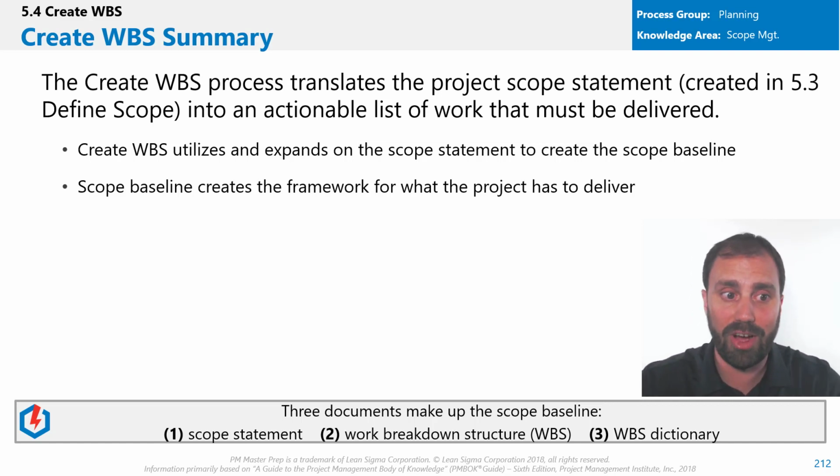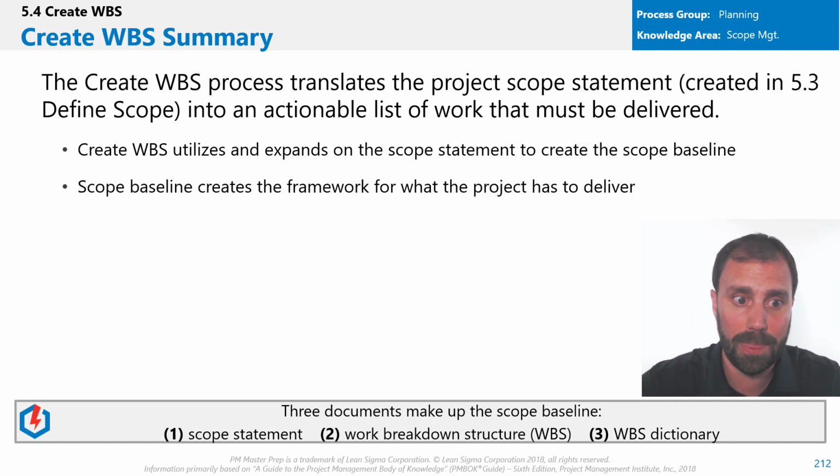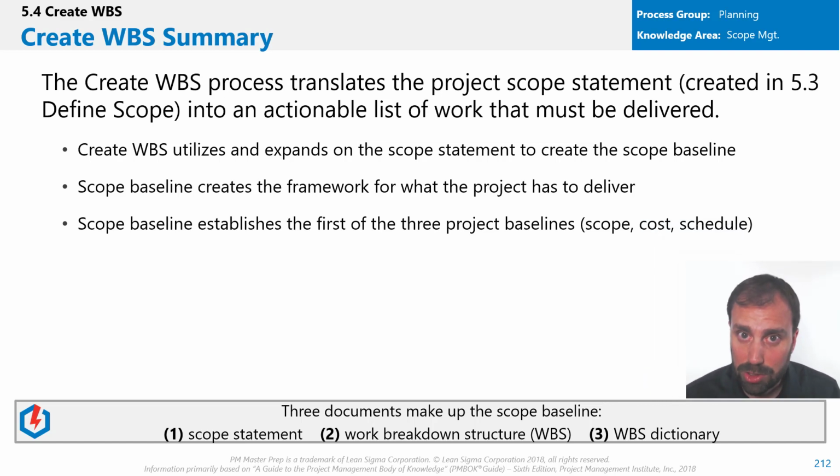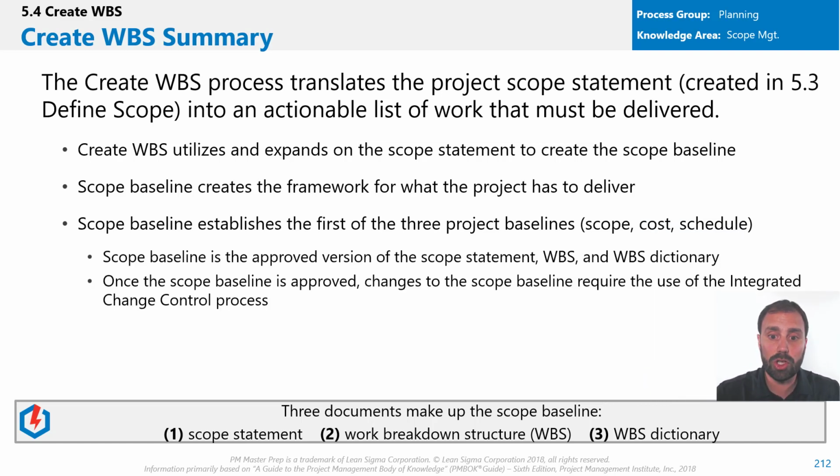Now we're here, we're defining this baseline. So cool, right? And then the scope baseline, which is the first of 3, like I said, is the approved version of the scope statement, the work breakdown structure, and the work breakdown structure dictionary. Whew, that's a mouthful, right? So I went through those again because it's very, very important that you know this foundational information.